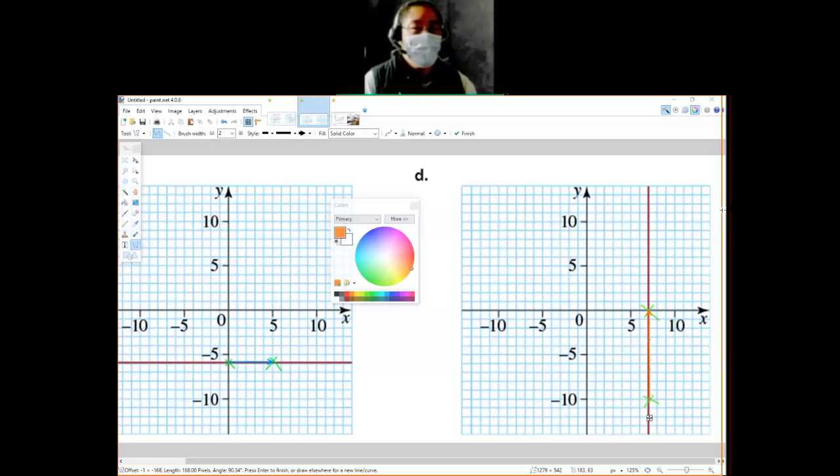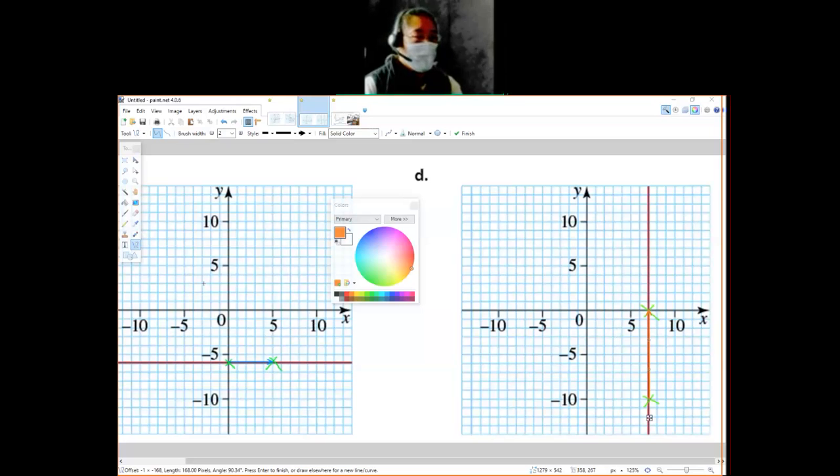But in this situation, because the line is vertical, we say that the gradient is infinite. So the gradient is undefined or infinite. And this is kind of the definition of an infinite gradient. I can go across a certain amount, but you see it's fully vertical.